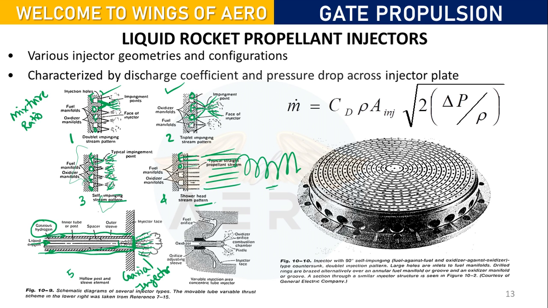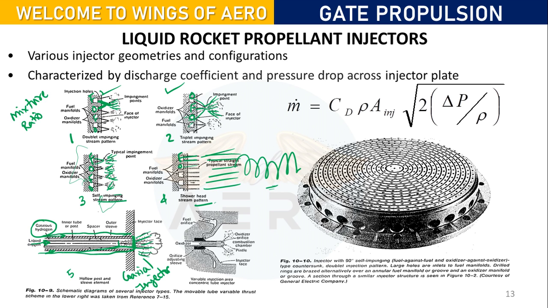Because, as I said previously, when we use a regenerative cooling system for a liquid propellant, as it comes toward the injector it absorbs all the heat and changes phase from liquid to gaseous form.